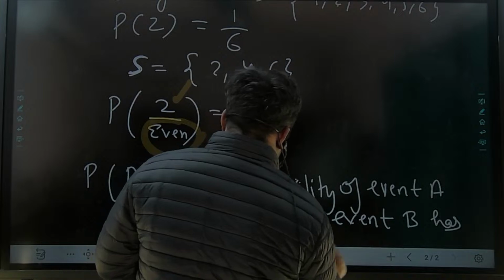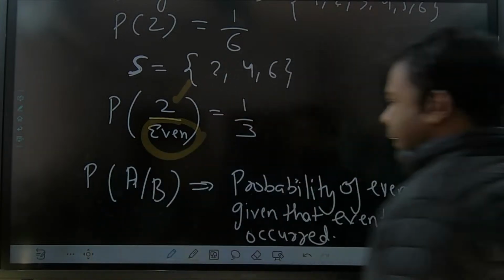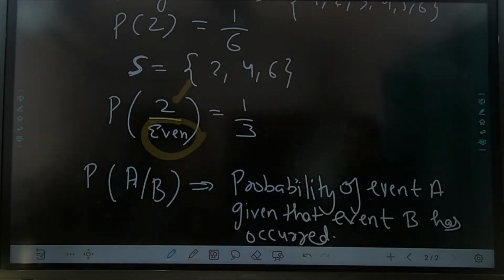Now tell me what is the probability of event A. If event A is dependent on event B, definitely the probability of event A will change. If event A does not depend on event B, the probability of event A will not change. We will see independent events later also. So probability of A when event B has happened, that is, probability of event A given that event B has occurred.